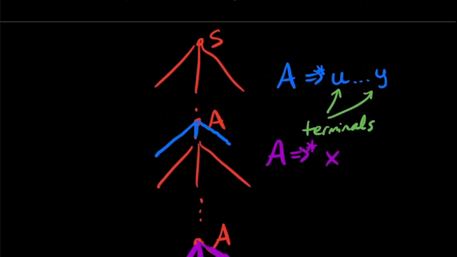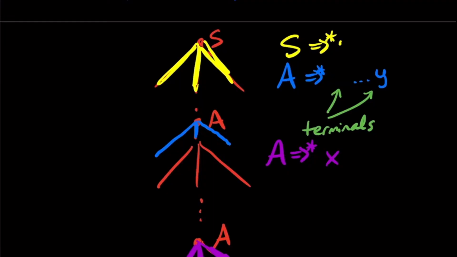But now let's look at S. If we make S yellow, what we notice is that S is going to make some set of terminals right here, and then whatever comes after in the middle, which is going to be some variable, and then the right-hand side is going to be some set of terminals. Actually, let's give these different names.